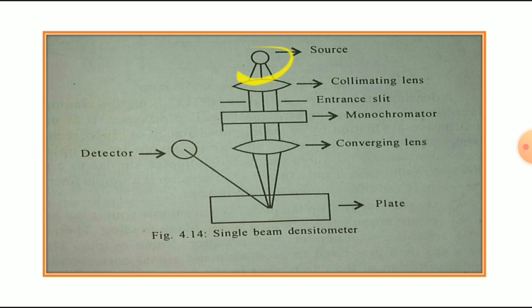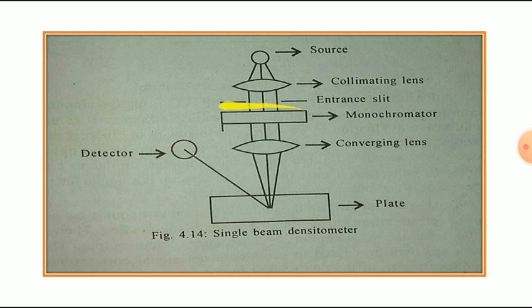See, this light source will emit UV light. That polychromatic light will fall on this collimating lens. This collimating lens converts all light in one direction. That means in this direction it will transmit all the light, which goes through this entrance slit, and falls on this monochromator.